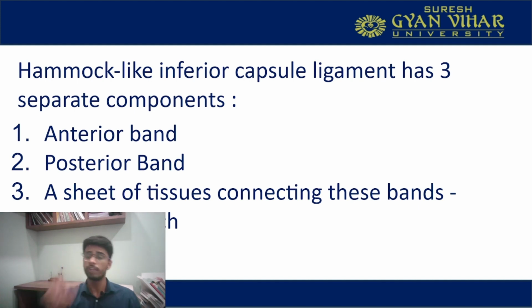Whenever you are in the resting position of your shoulder, or keeping it in an adducted position as I am doing right now, there is a pouch at the back of the axilla. This is your axillary pouch, which is formed between the anterior and posterior band of the inferior glenohumeral ligament. So it is a sheet of tissue which connects these two bands.